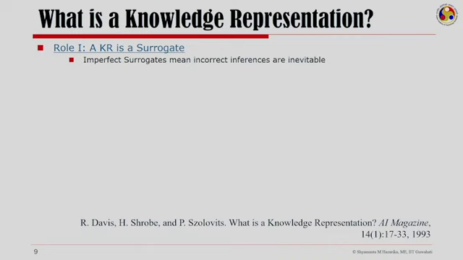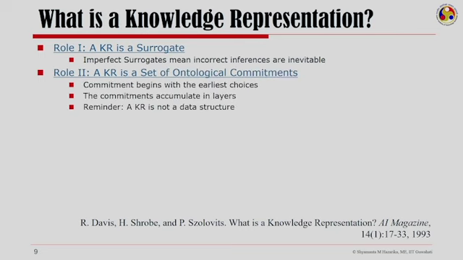That is, I should look at the representation as a surrogate of what is being represented, and it would be a set of ontological commitments that I make. One needs to remember at this point that a knowledge representation is not a data structure. It is a set of ontological commitments about what is there that I am representing.